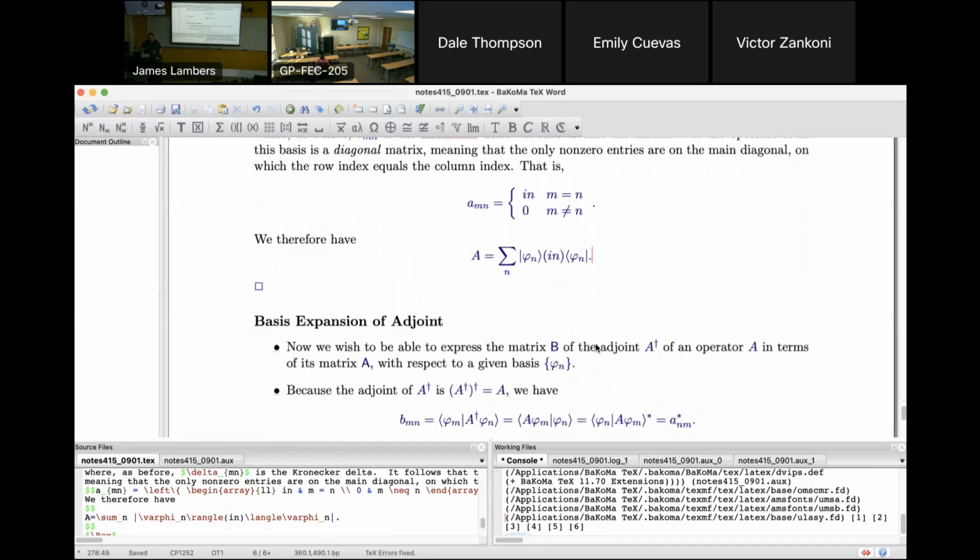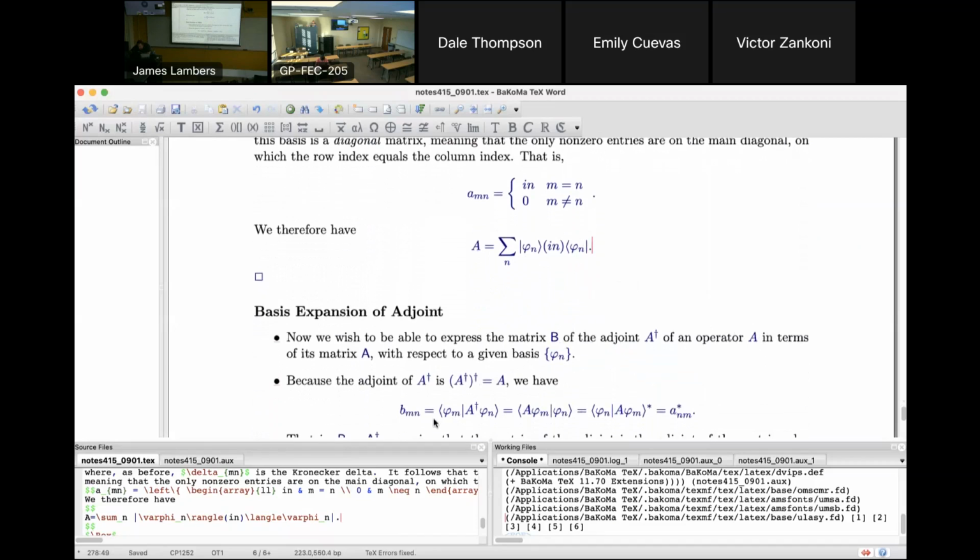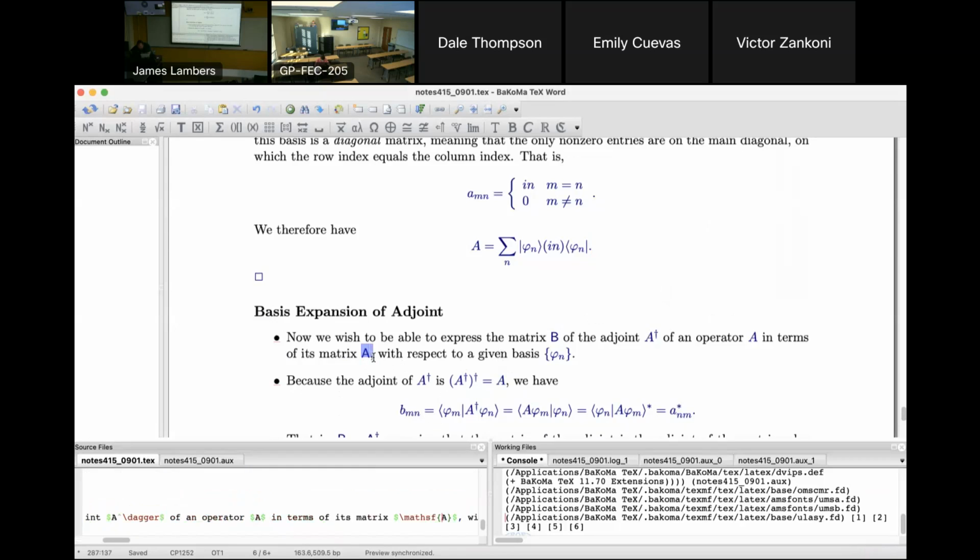So if we were able to express an operator A using an orthonormal basis, like I've just done here, how can we express the adjoint in the same way? So here's what I can do. Let's suppose A in this font is the matrix of my operator A. Now I want the matrix B, that's the matrix of the adjoint.